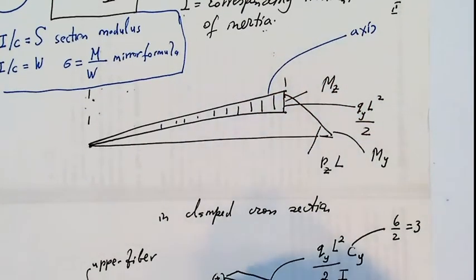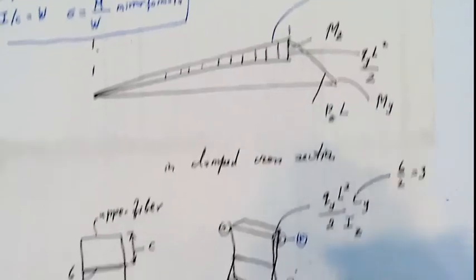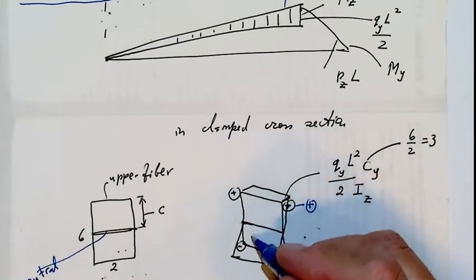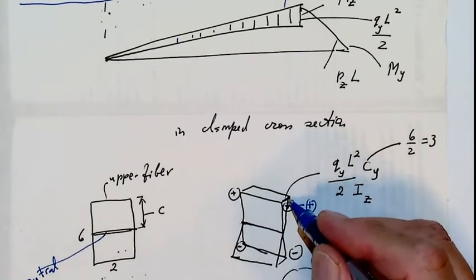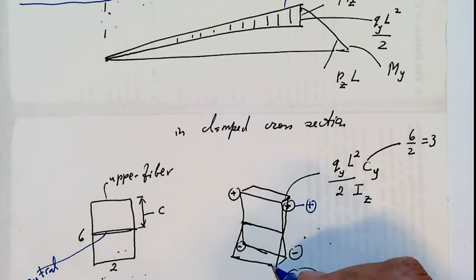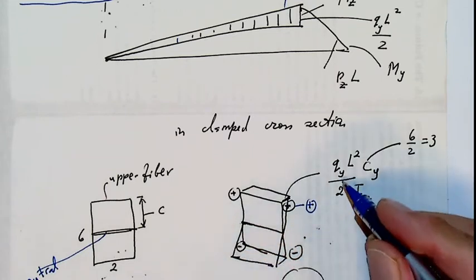So here there is stress plus, and here is plus. So I will write here plus. So that is how they vary. That is a cross-section. Stress is positive, and then straight line at neutral axis 0 and negative. So here and here are negative because of Mz.